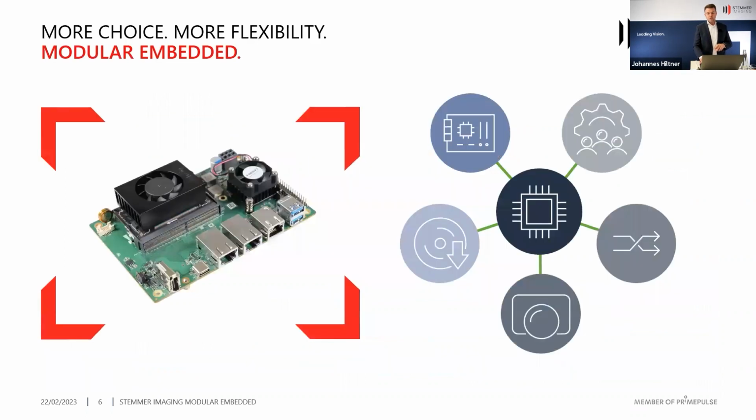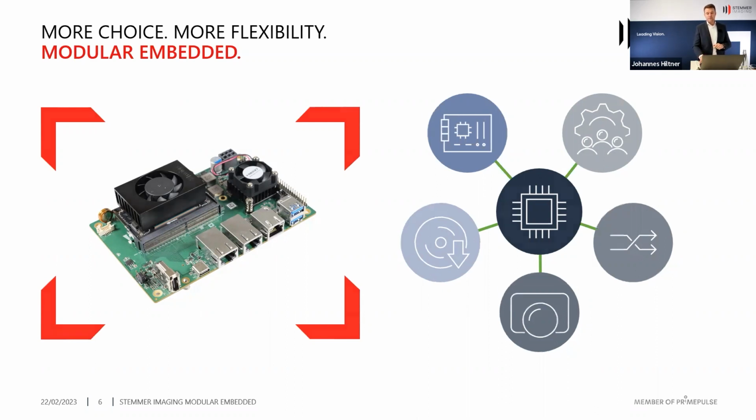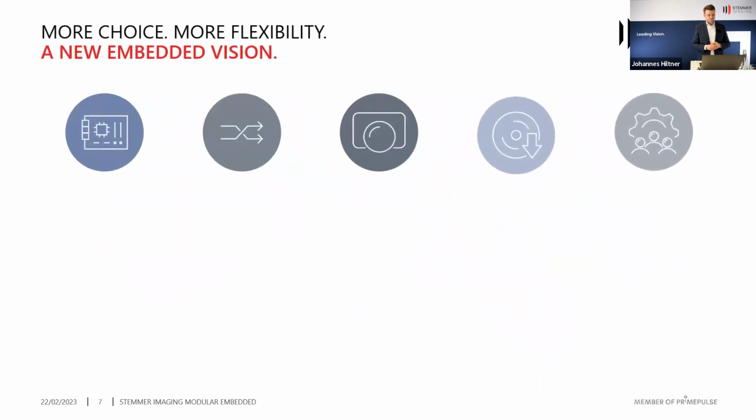So now I want to give you a better overlook and a better insight about our modular embedded offering. On the left side, you see our modular embedded carrier board, but our offering is way more than just the simple carrier board, and we describe our offering with basically 5 major USPs.